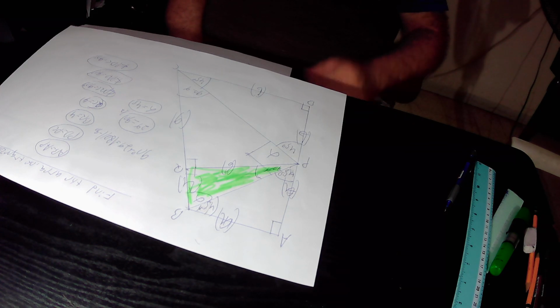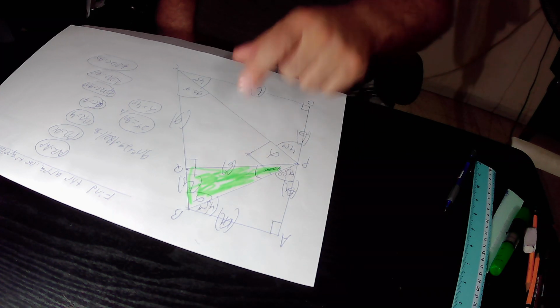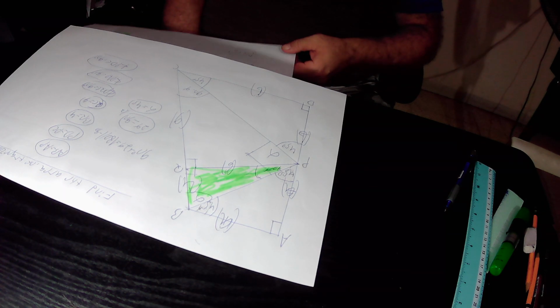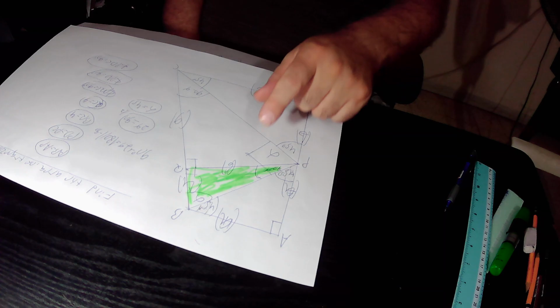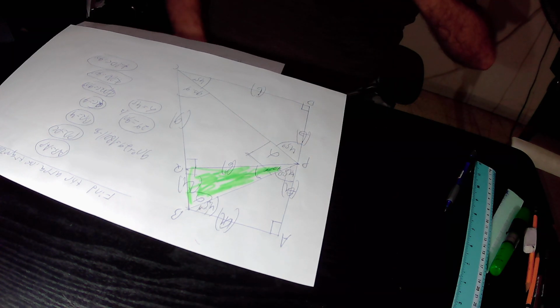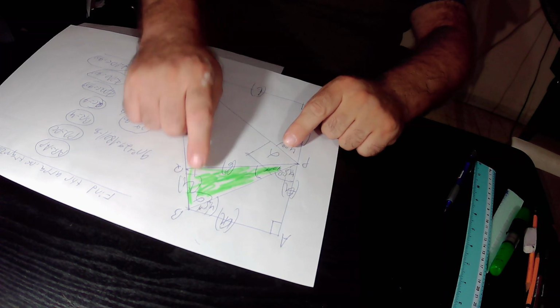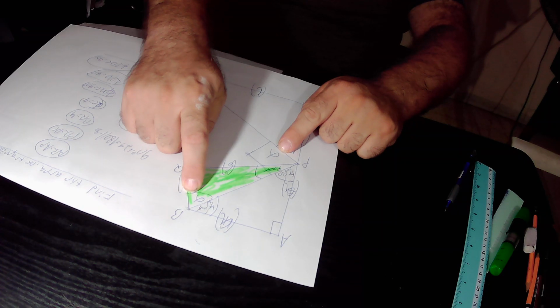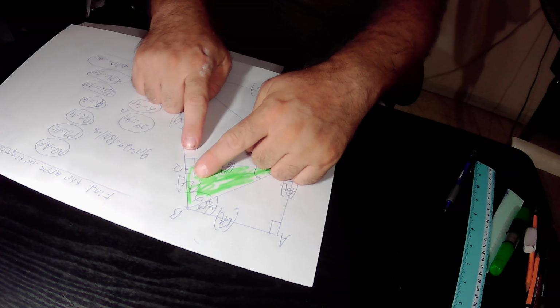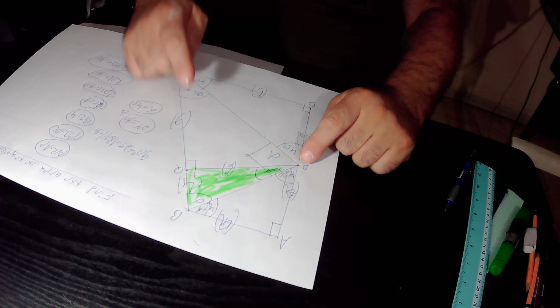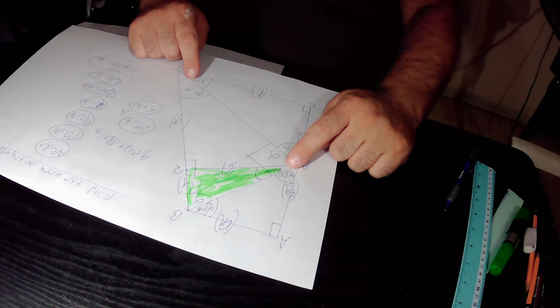In the next step, we prove that those two right triangles are similar to each other according to the angle similarity rule. So, first of all, those two angles are both equal to alpha, therefore they are equal to each other. In addition, those two angles are right angles, therefore they are equal to each other. And finally, those two angles are both equal to 90 degrees minus alpha, therefore they are equal to each other.